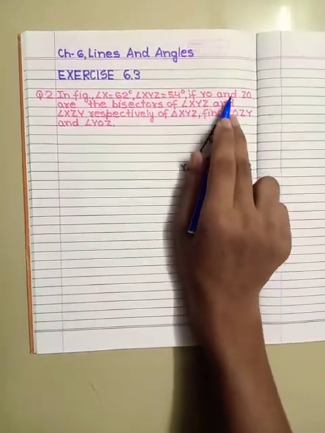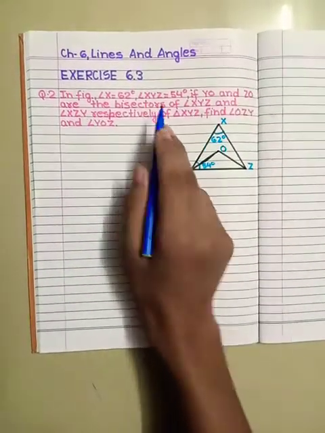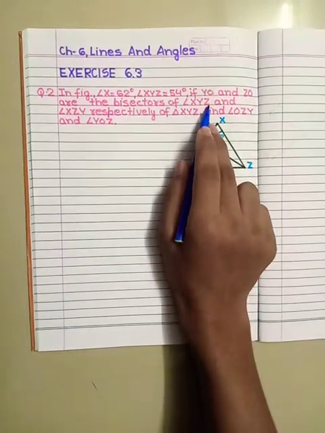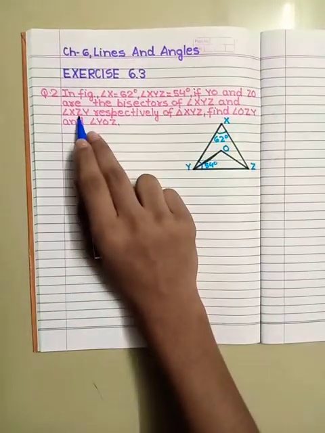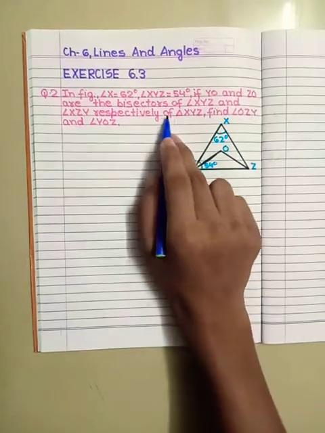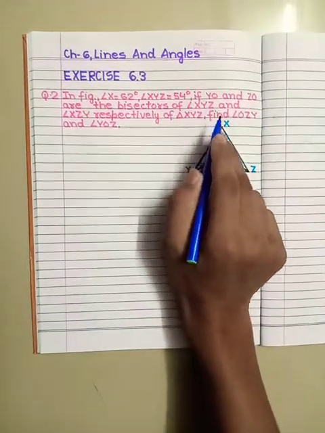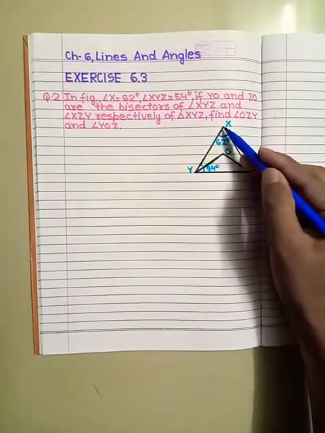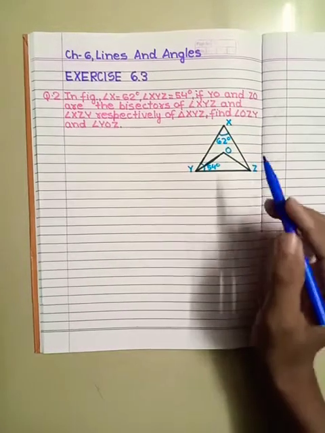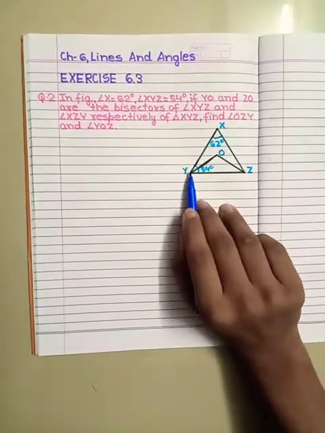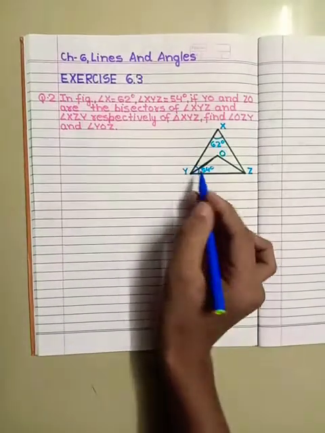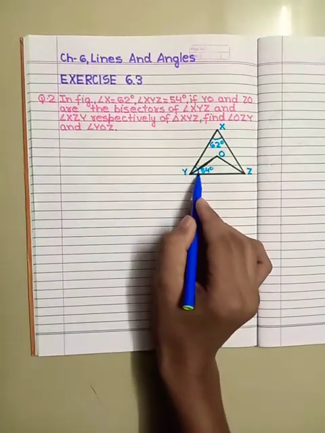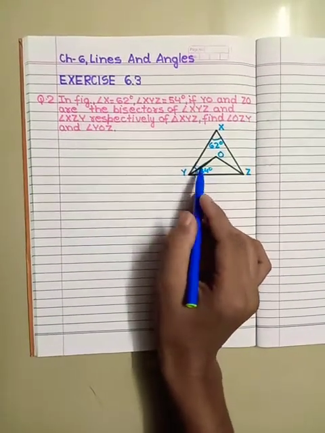If YO and ZO are the bisectors of angle XYZ and angle XZY respectively of triangle XYZ, this angle XYZ is bisected by the line YO. This means that these two angles will be equal.